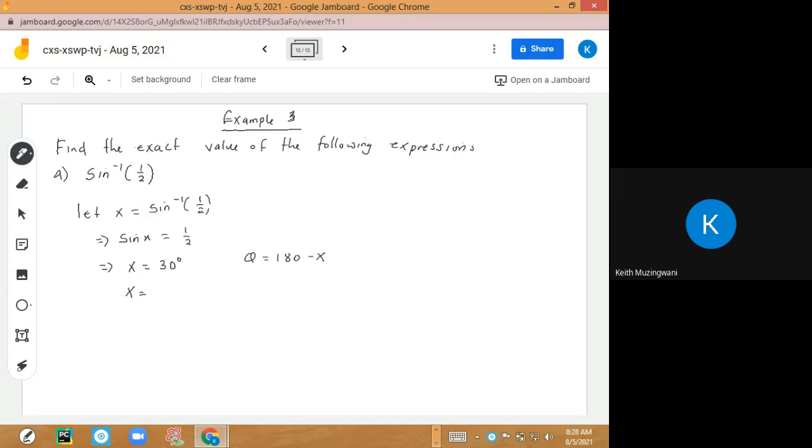So it's still the same thing, 180 minus theta. So x is 180 minus 30. So we have another x, 150. So this gives us the same half. Sine 150 is half, sine 30 is half.